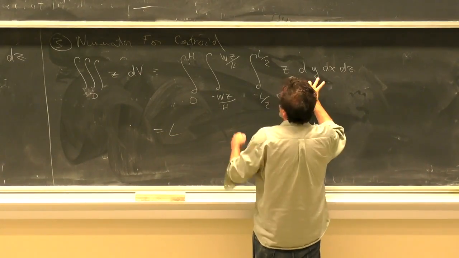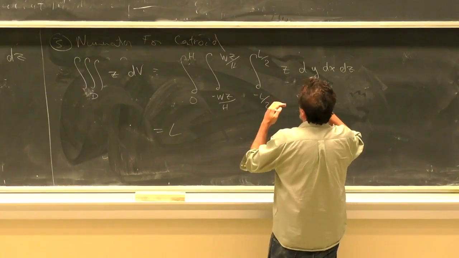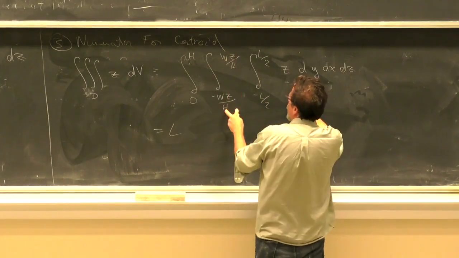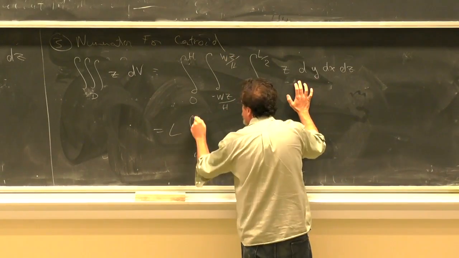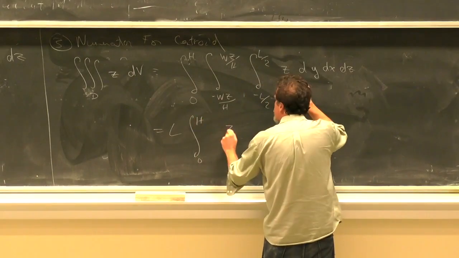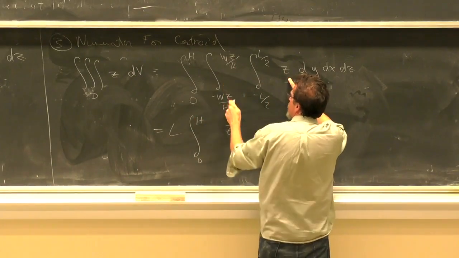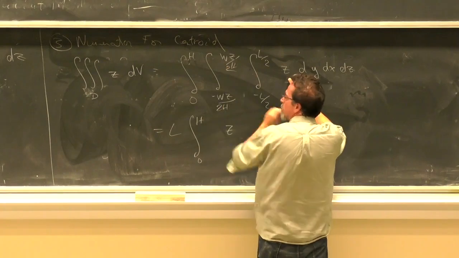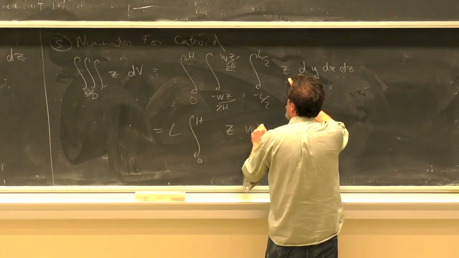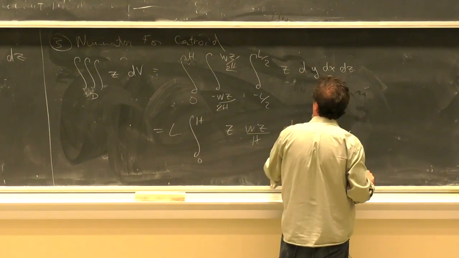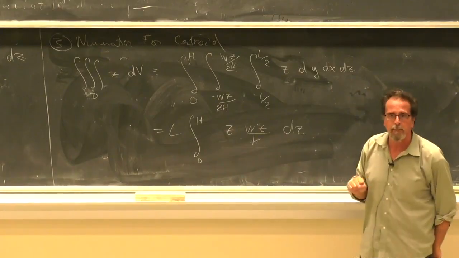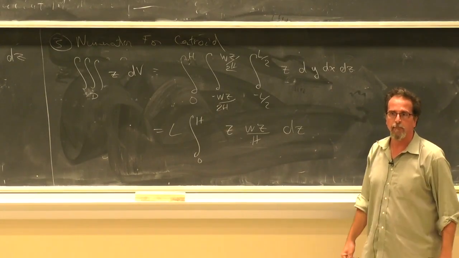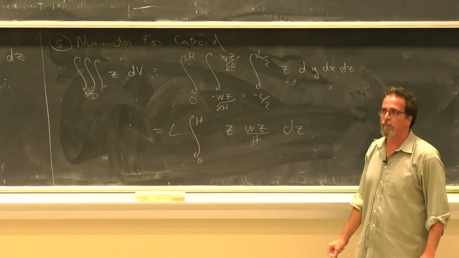The x part just pops out an x, evaluate the upper and the lower bound. So that's going to be the integral from 0 to h of z multiplied by this minus this, and there was a 2 there, apologies. So that's 2wz over h. And then I have to integrate that with respect to z. Yes, did I make a mistake?